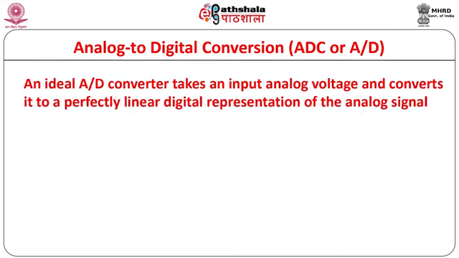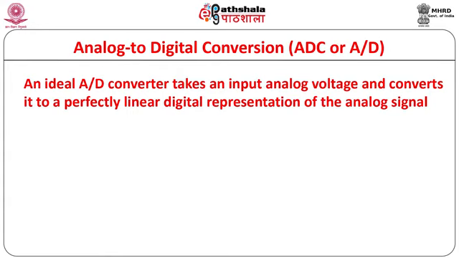An ideal AD converter takes an input voltage which is in analog form and converts it into a perfectly linear digital representation of the analog signal. Such a digital representation is usually in the form of 0 and 1.